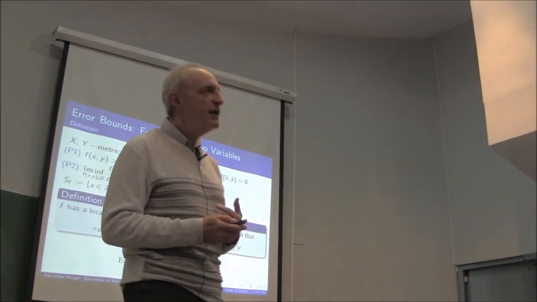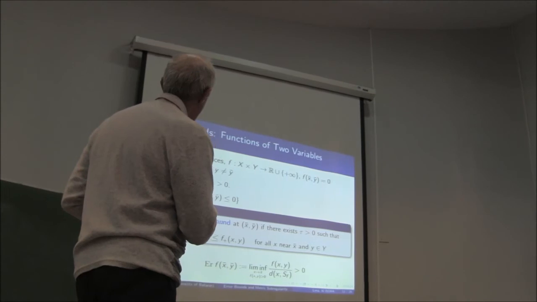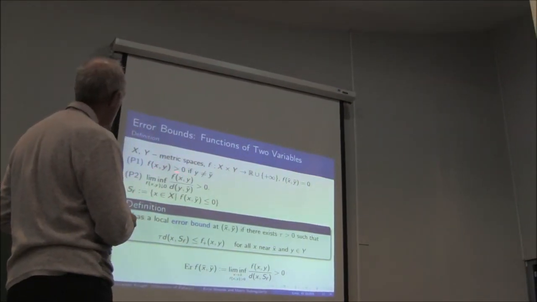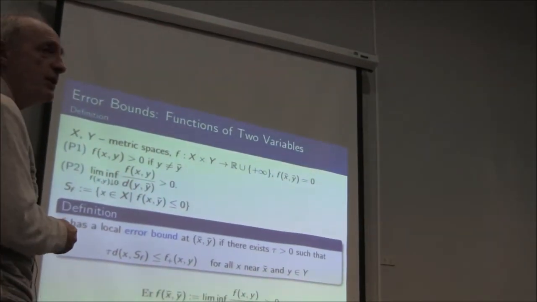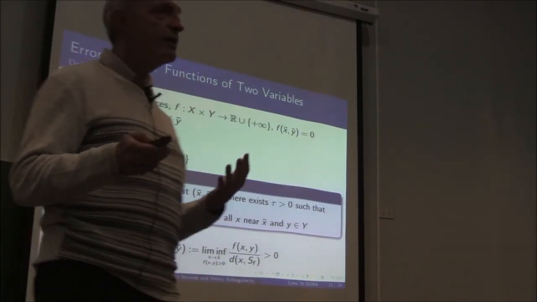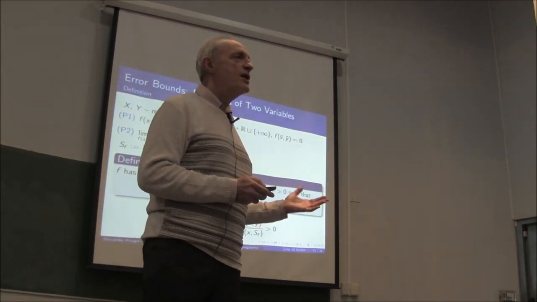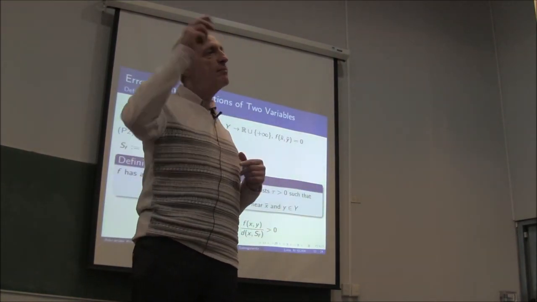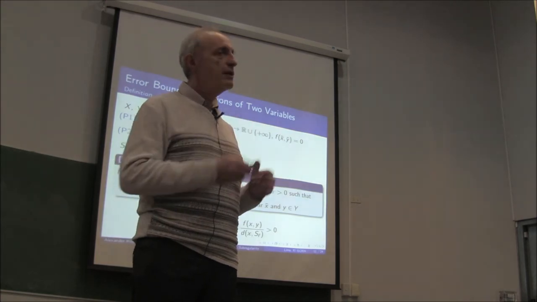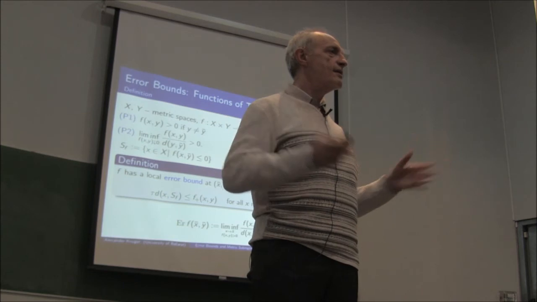What I really had in mind is the distance function. The distance function obviously has all these properties. And in the reformulation of the metric subregularity in terms of error bounds, I just used the distance function to the power q. But it's likely that you are right, and it can have other areas of application.